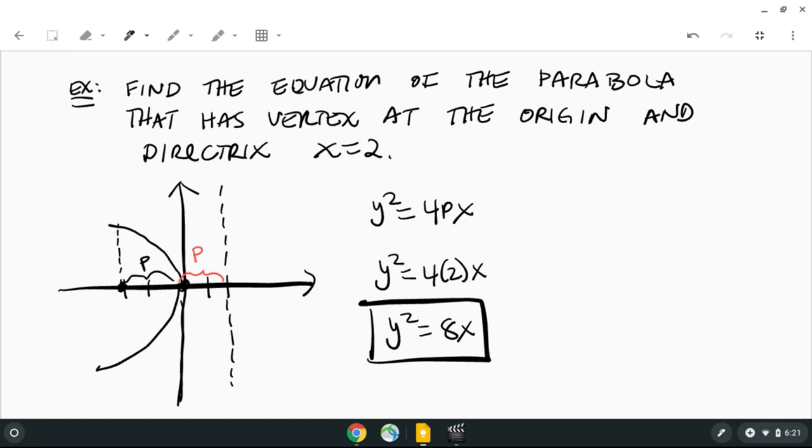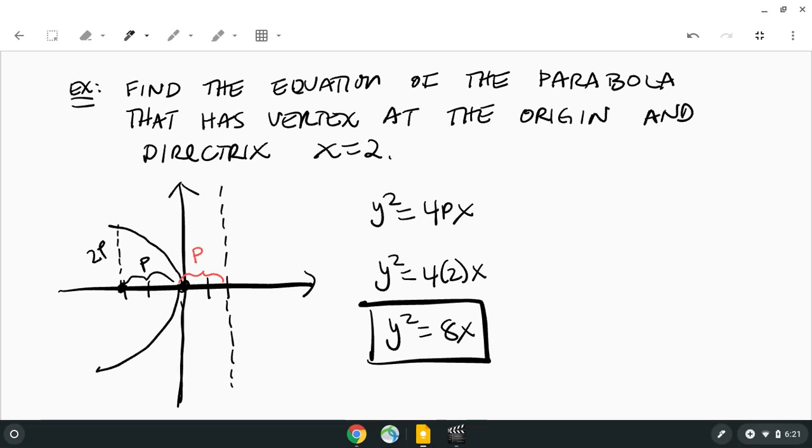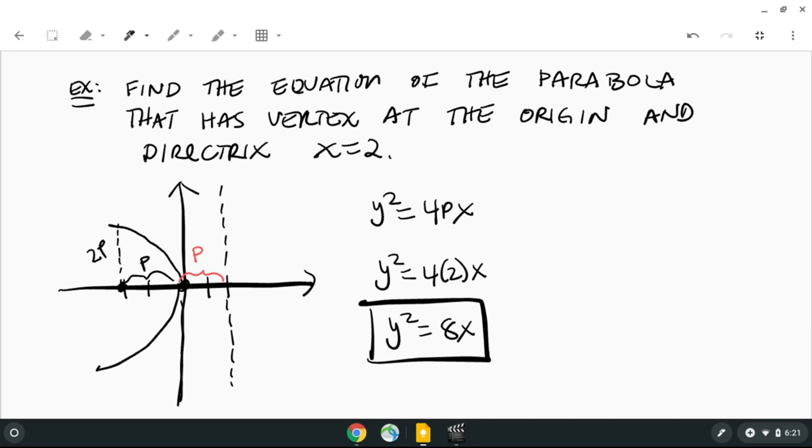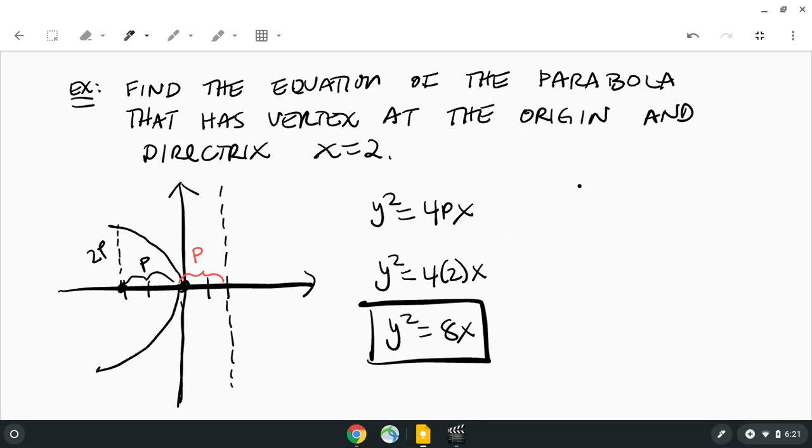So you can get another point on the parabola if on WebAssign they're asking you for exact points on your parabola. So if that's 2, you'll have a point at -2, 4.